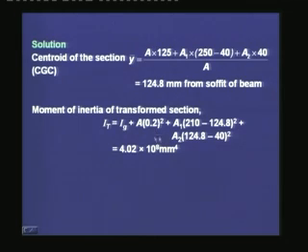Now, once we use this parallel axis theorem, we get the moment of inertia of the transformed section. Note that this is also slightly different from the earlier moment of inertia that we had used for the gross section.